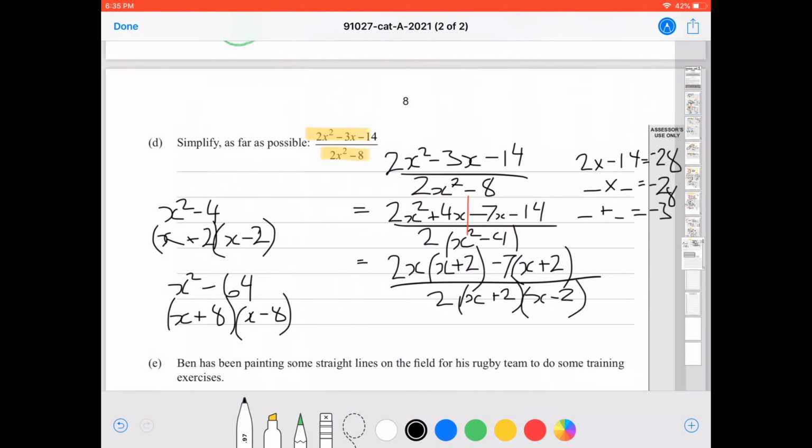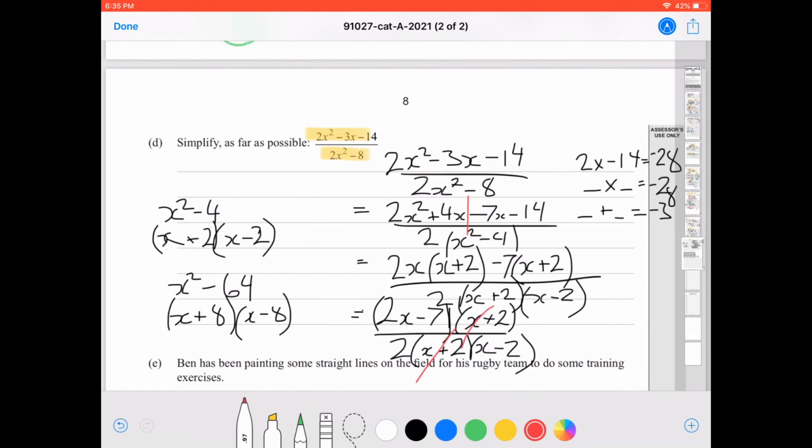Now continuing with our numerator, 2x minus 7 and x plus 2, and that's all over 2 times x plus 2 and x minus 2. And at this point, we can cancel x plus 2 on both the numerator and denominator.